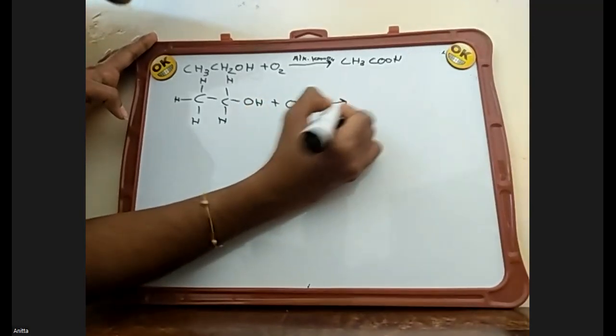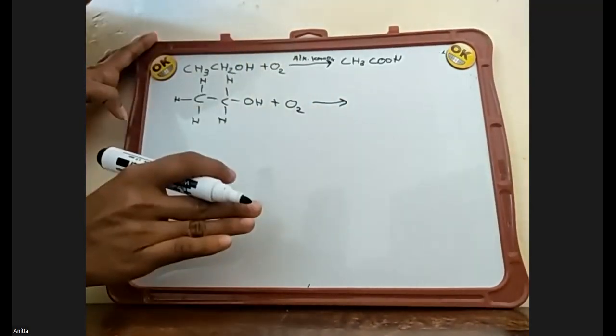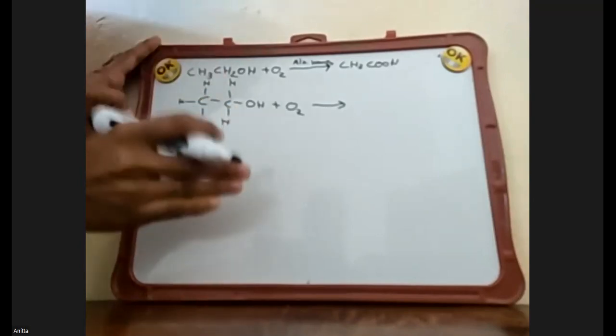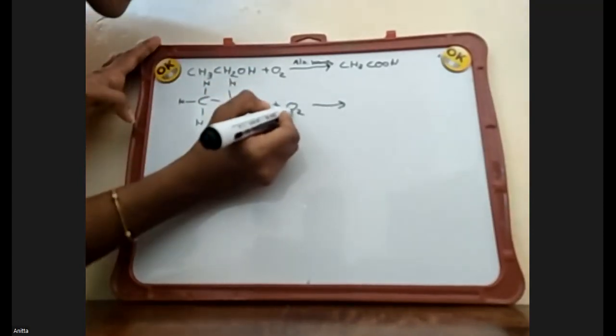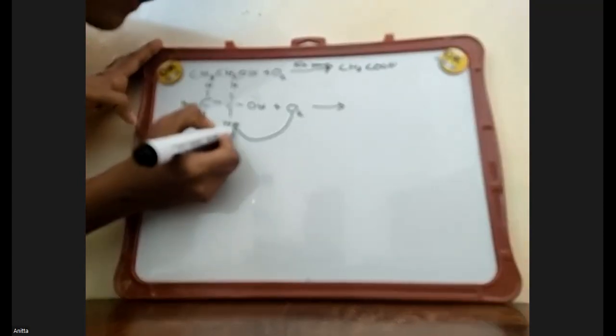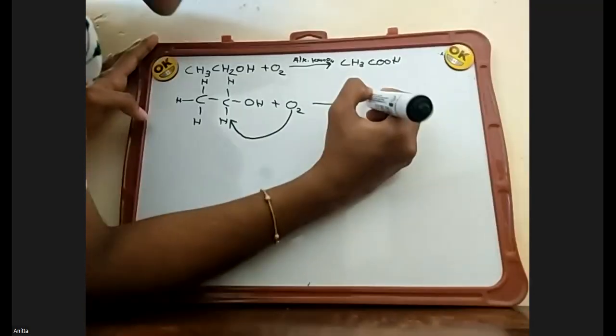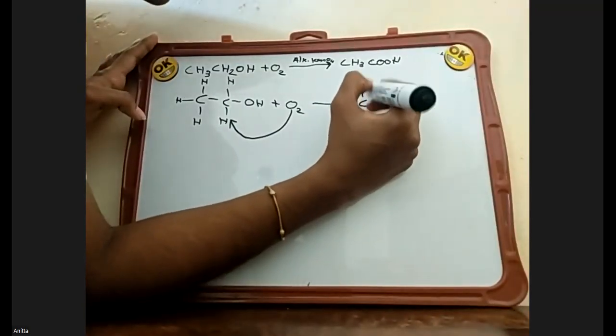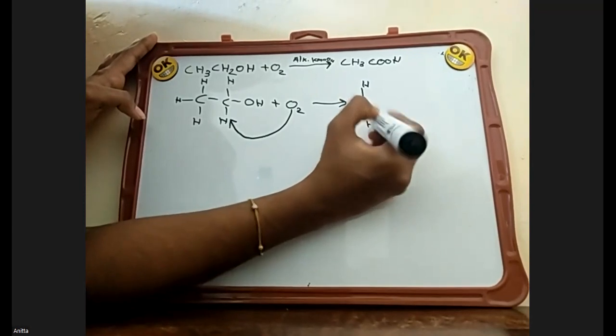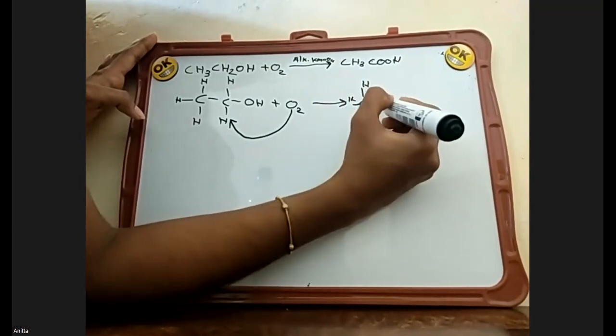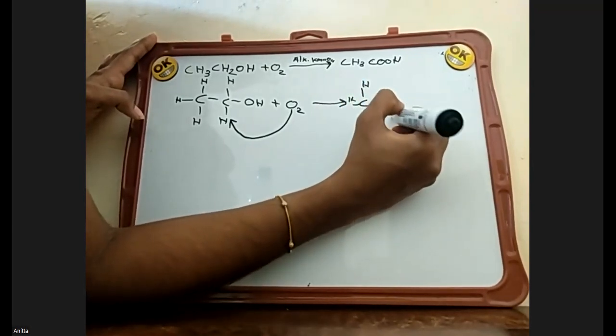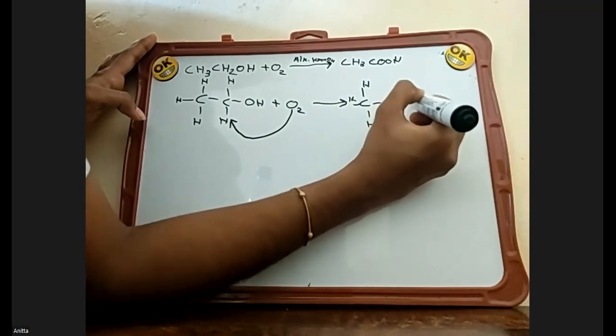Here it is the addition of oxygen and removal of hydrogen. We add 2 oxygens in this place. So we write C with 3 hydrogens and 1 carbon with 2 oxygens and OH.